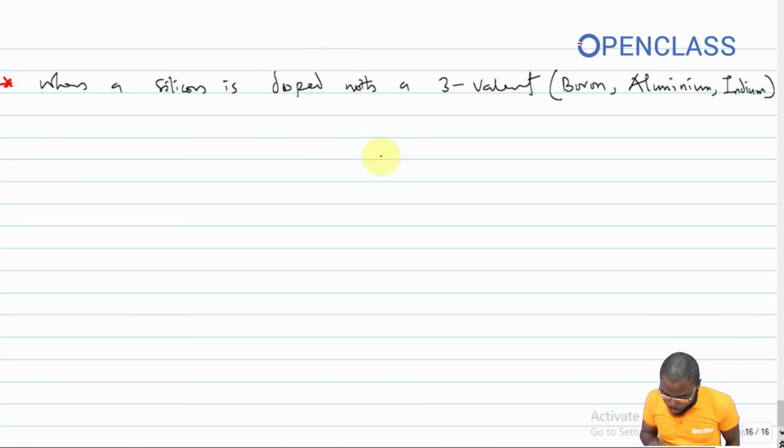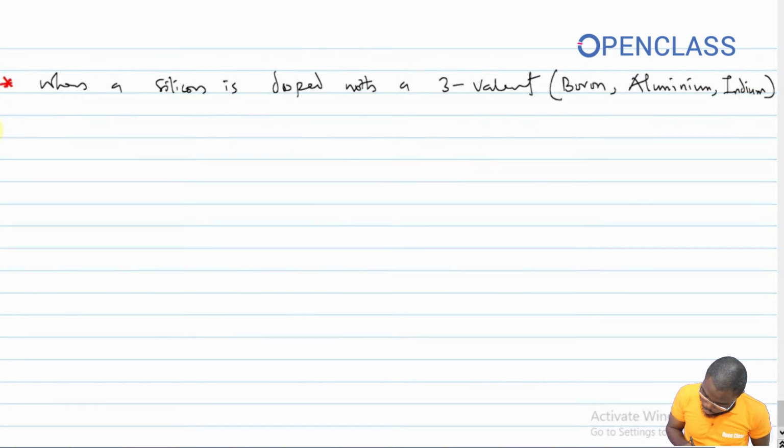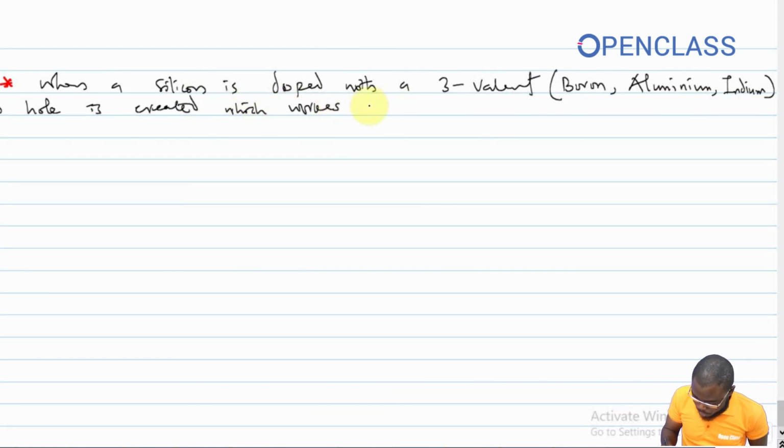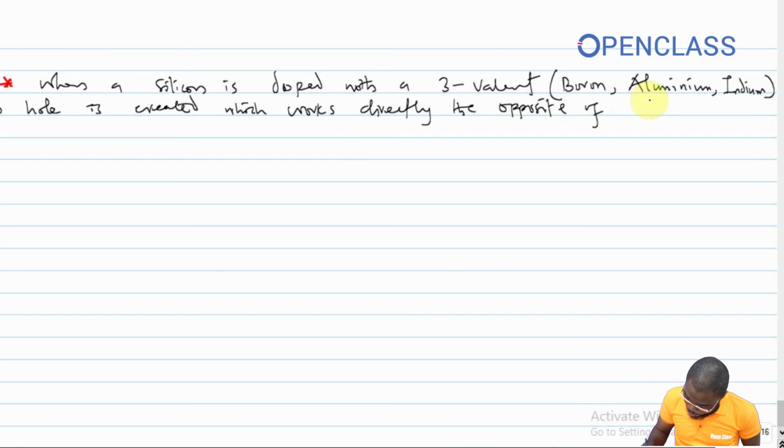So when it is doped with that, a hole is created, which works directly the opposite of 5-valent doping.